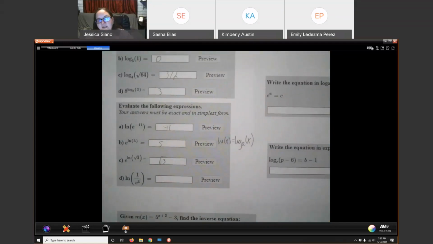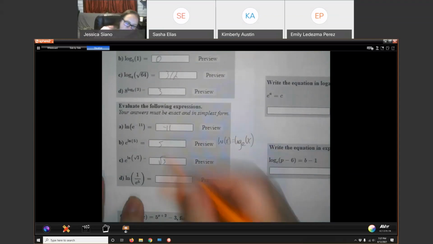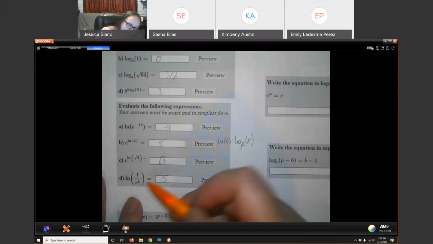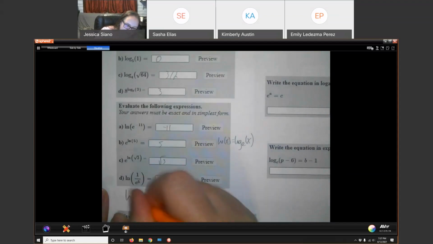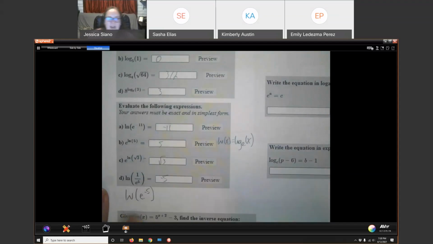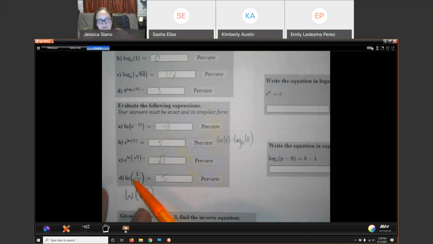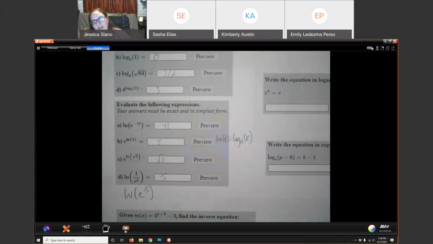And now for this last one, just like up above on the very first problem on this page, I said that the negative exponent is how you take the reciprocal. So this one would be negative 5, because this would be the same as the ln of e to the negative 5. That negative means to take the reciprocal. But again, if you don't remember those rules, just put them in the calculator.